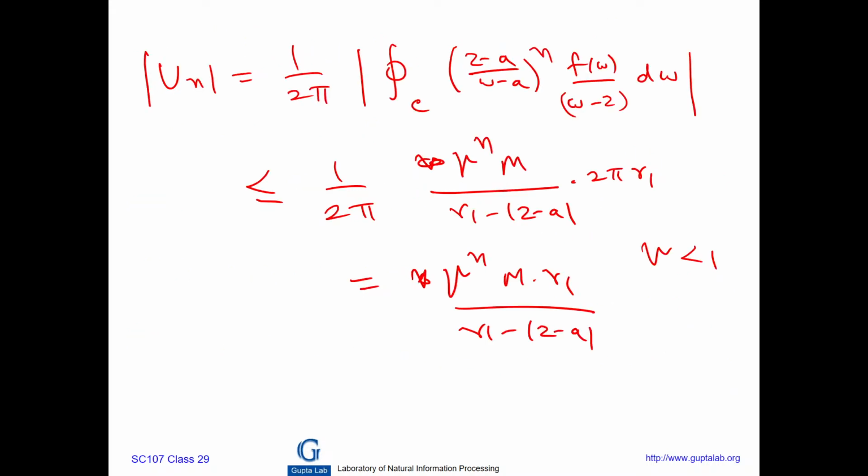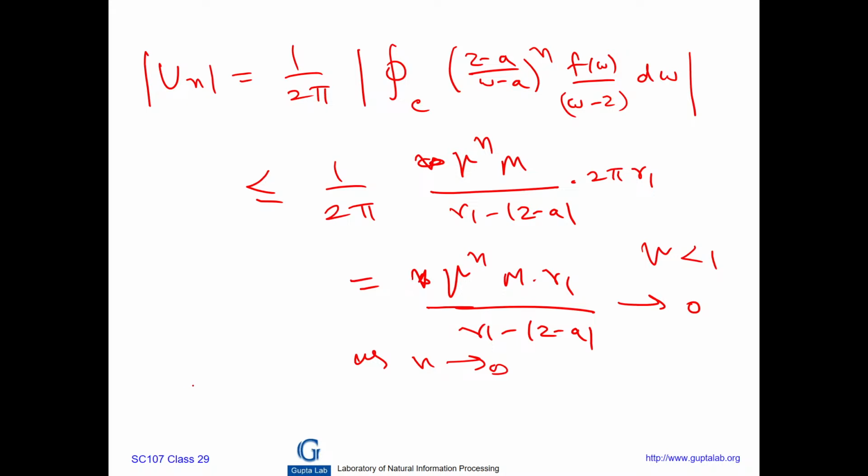So as n tends towards infinity, this whole thing goes towards 0, right? Because this is a dominant term, gamma raised to power n. The whole thing goes towards 0, because you know gamma raised to power n goes towards 0 as n tends towards infinity, since gamma is less than 1.